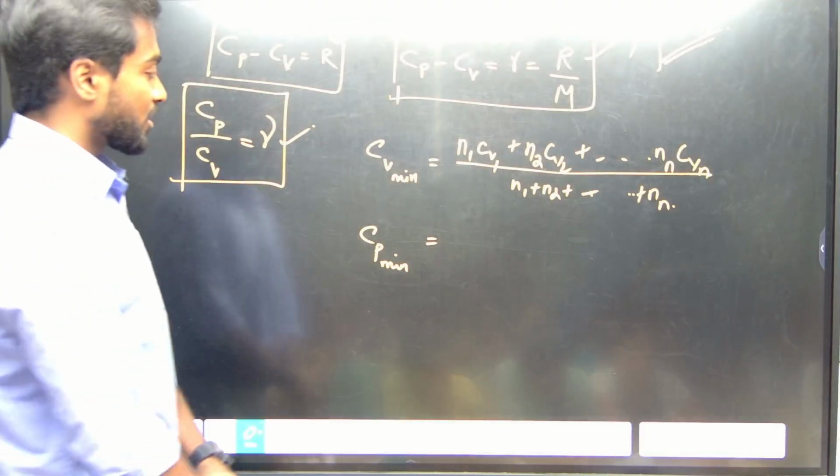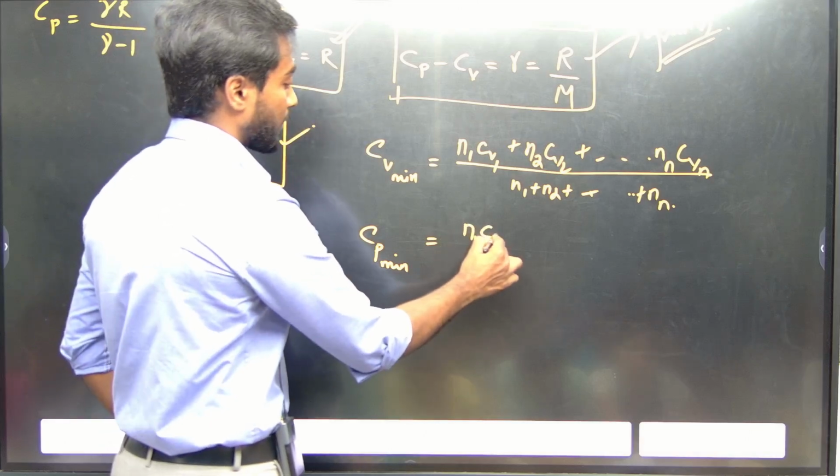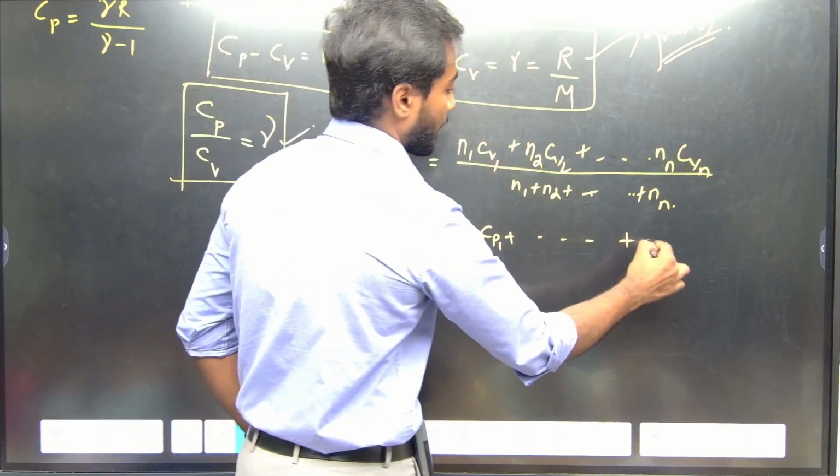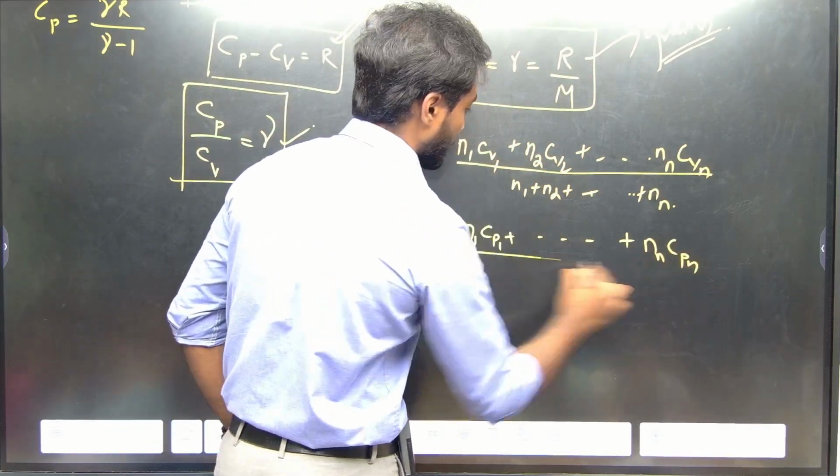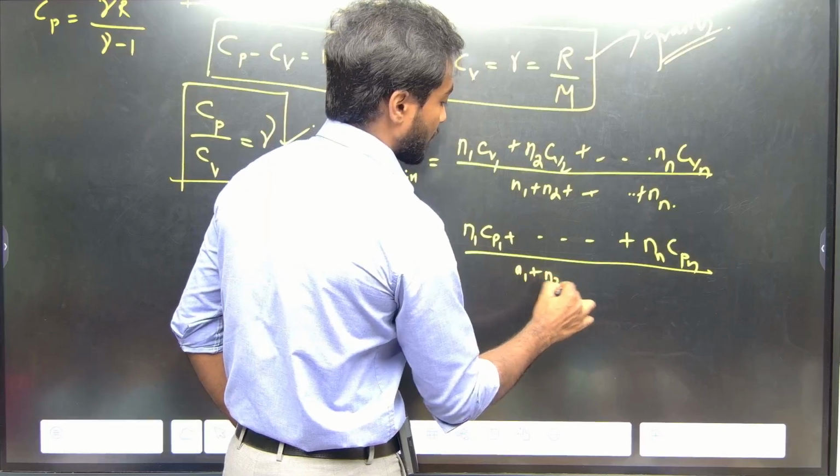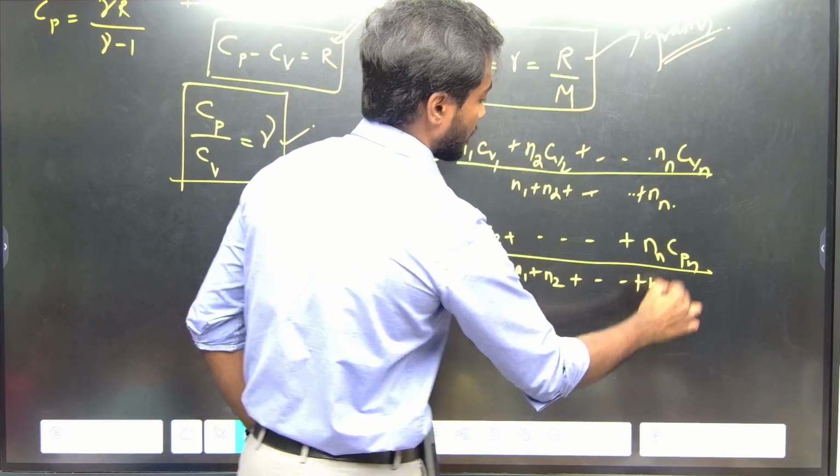Similarly for Cp mixture also, N1 Cp1 plus up to Nn Cpn by N1 plus N2 plus and so on.